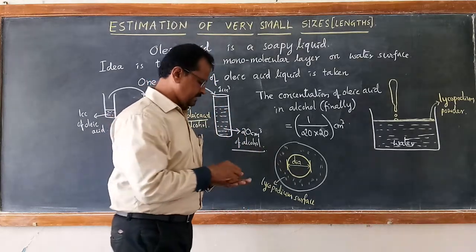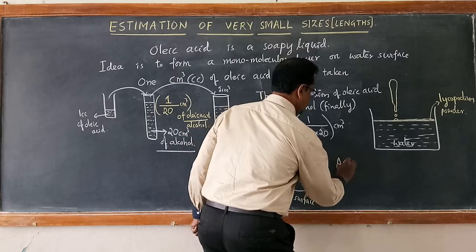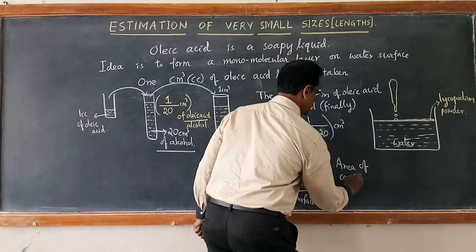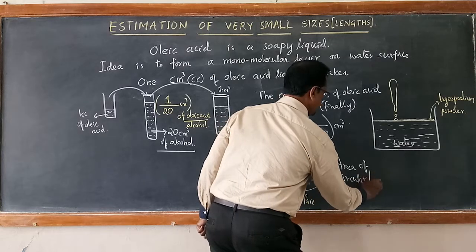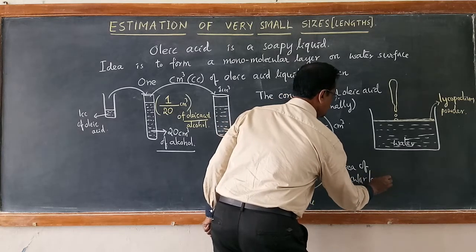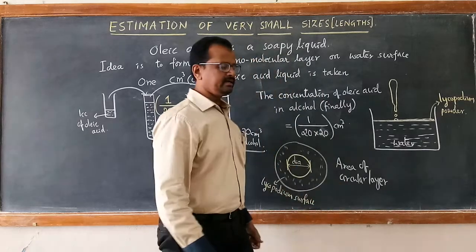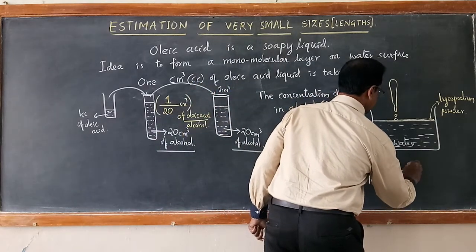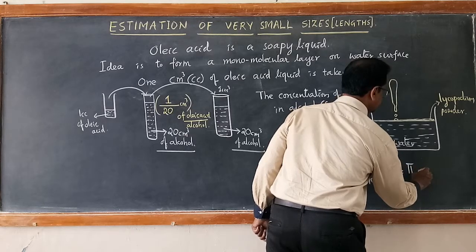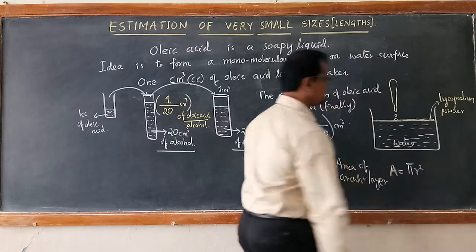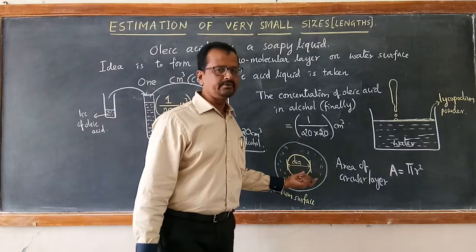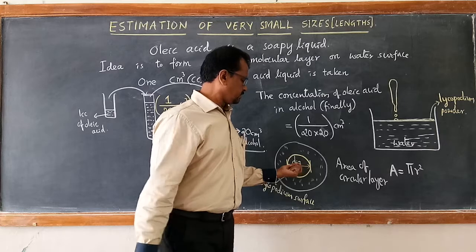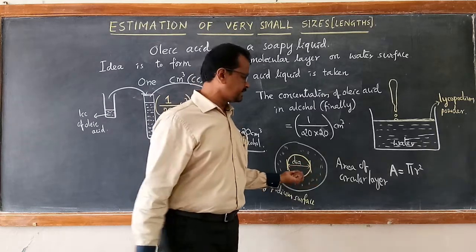If it is a diameter, then the area of the circular layer, if it is taken as A, becomes equal to pi r square, where r is the radius. You are measuring the diameter using a divider or a graph sheet, and dividing the diameter by 2, we get the radius.